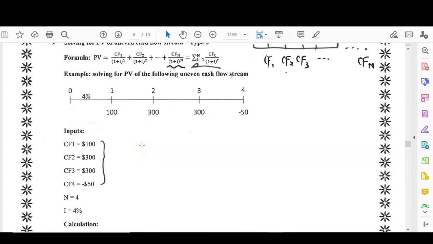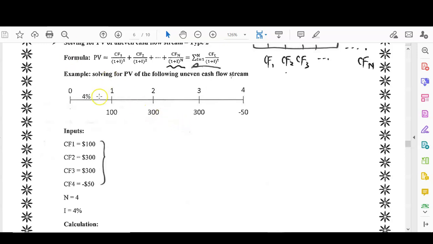Okay, let me first show you the first method is to discount these 4 cash flows one by one. Here, let me show you how to use our formula first and then calculator, even though I still think financial calculator would be easier than the formula, and that should be the first way to go.